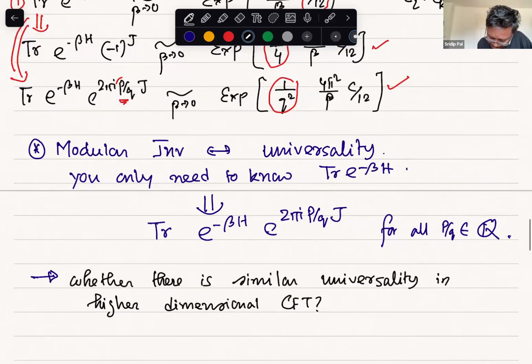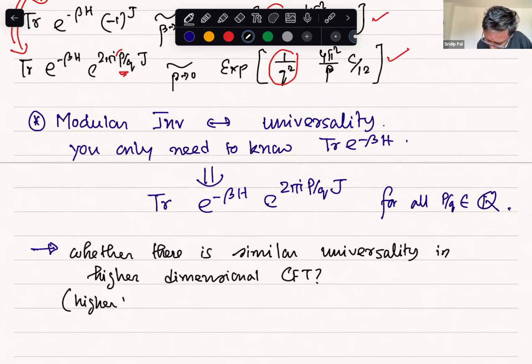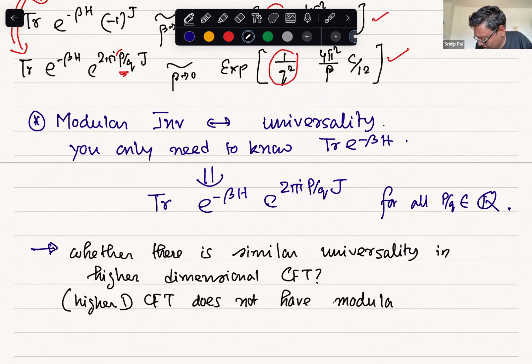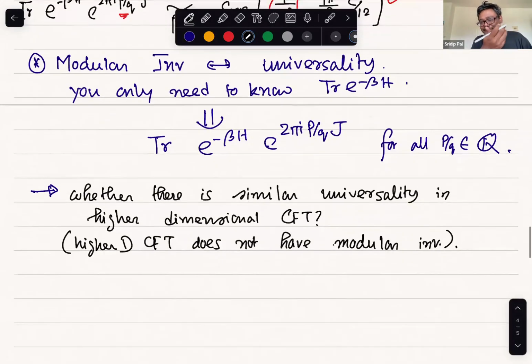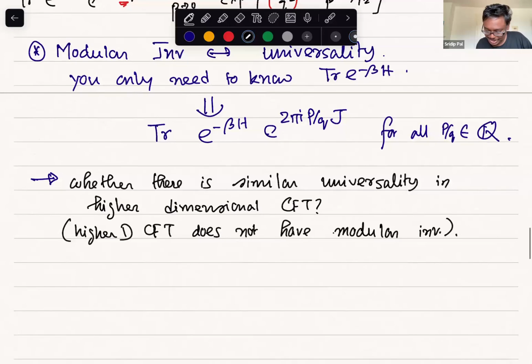Note, in higher D, we do not have modular invariance. Higher D CFT does not have modular invariance. But of course, since I'm giving the talk, the prediction is we can make some statement. We can show that there is indeed some universality, and there we will use the idea of thermal effective field theory to make some prediction.